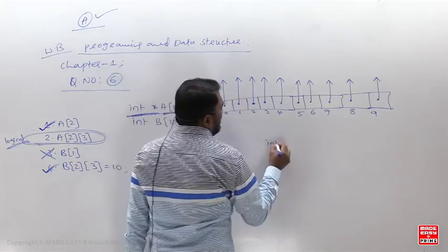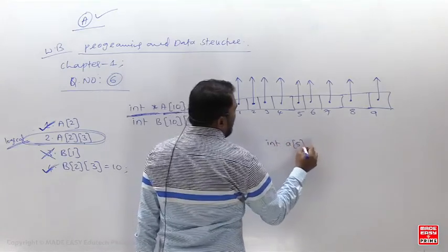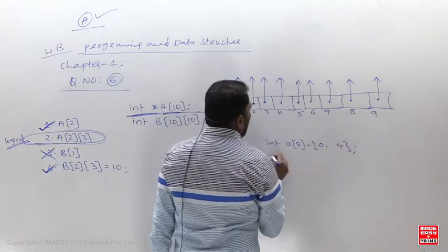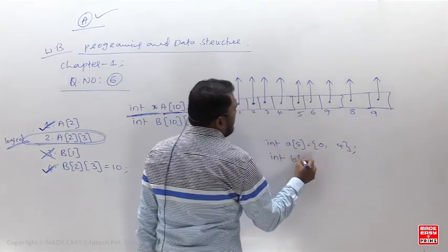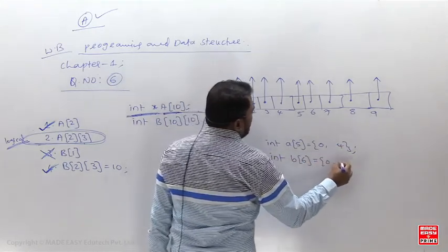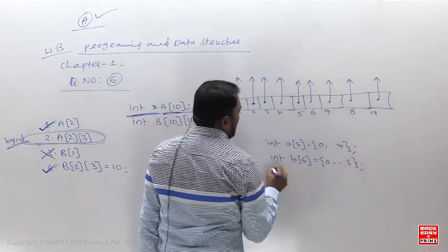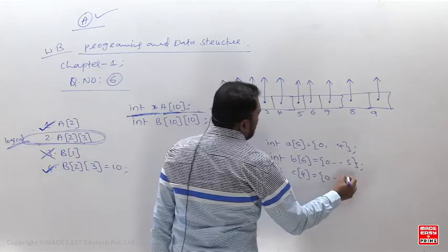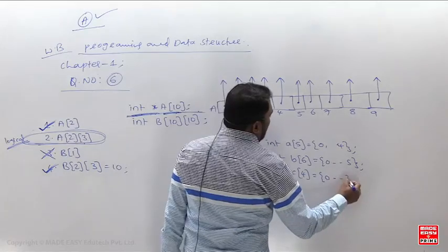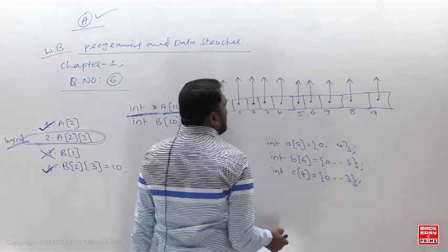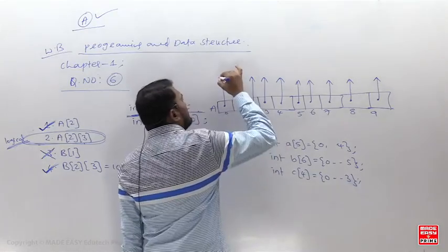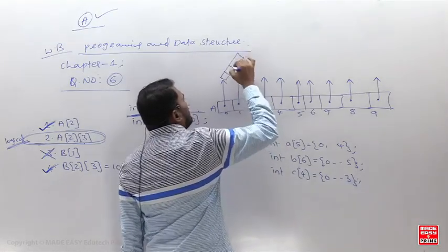Look here. I am declaring integer a[5], so you have 5 elements. I am declaring integer b[6]. And integer c[4], with indices 0 to 3. So I am declaring like this. Now what am I storing here? This is a one-dimensional array with some elements.